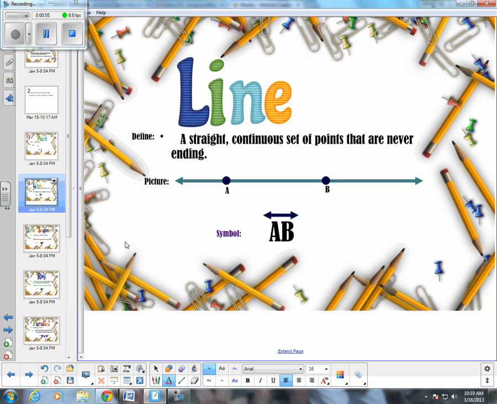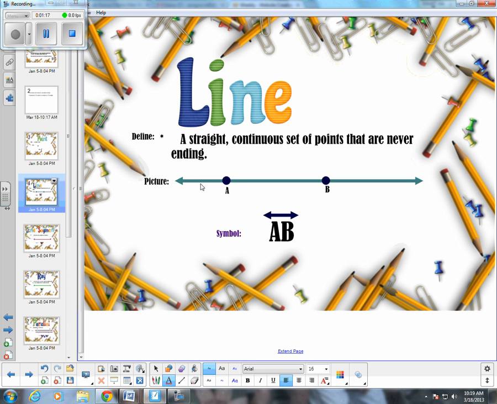So the next term is a line. A line is a straight or continuous set of points that are never ending. So if you see, first of all, we have points. We have point A and we have point B. Those are your locations in space. Now with a line, it is a continuous set of points, never ending.